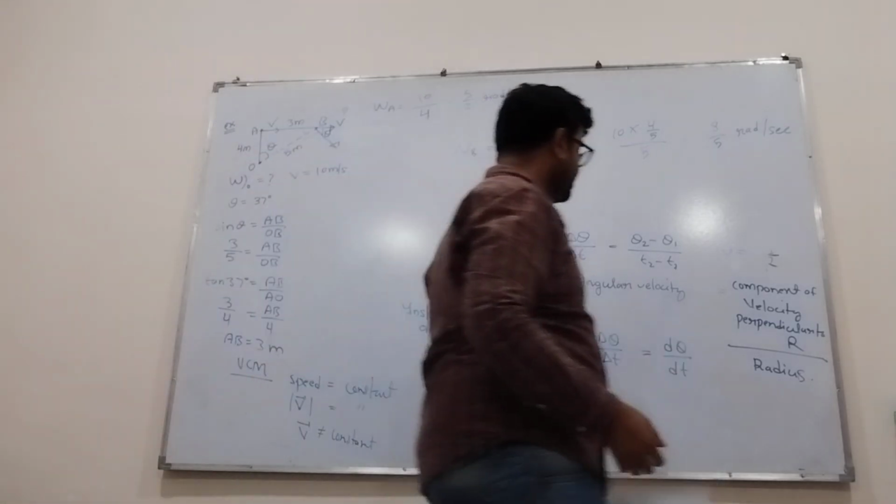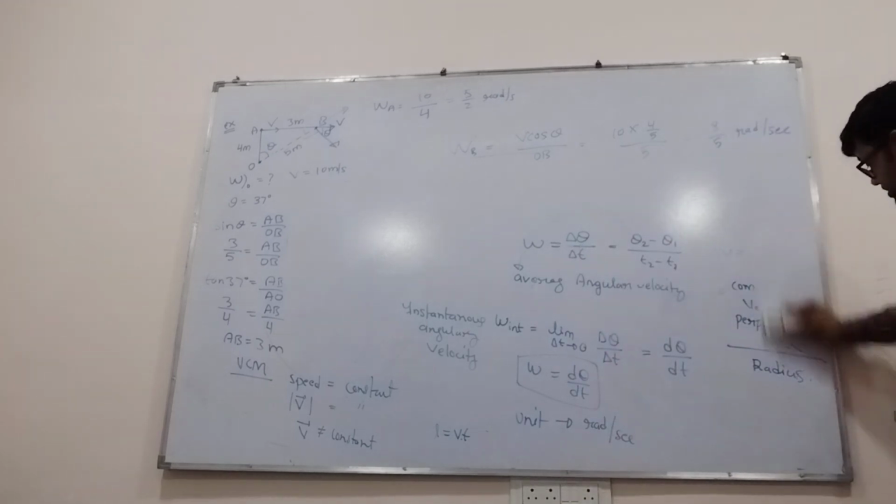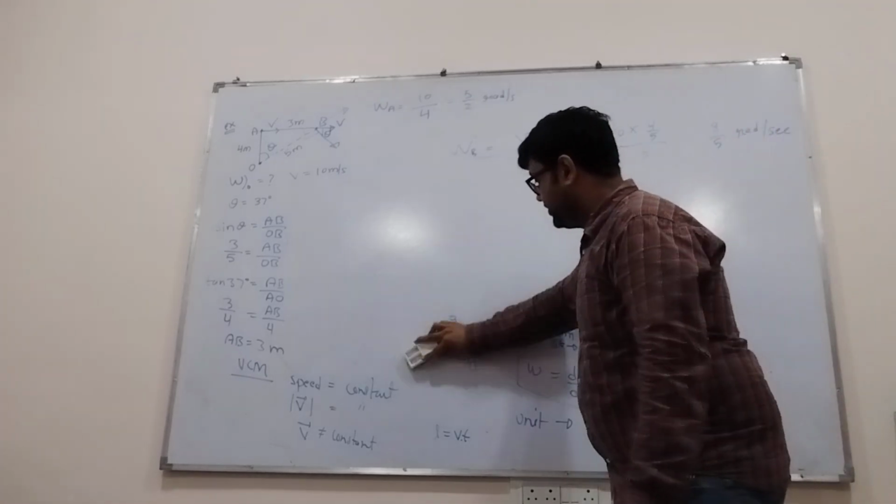Now see, we can also write this equation v equal to omega r as a vector quantity.